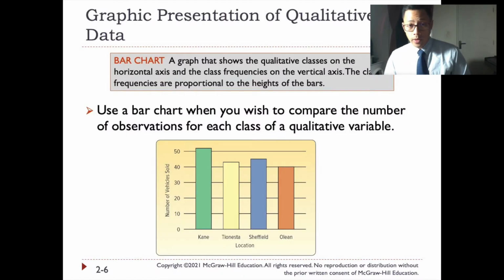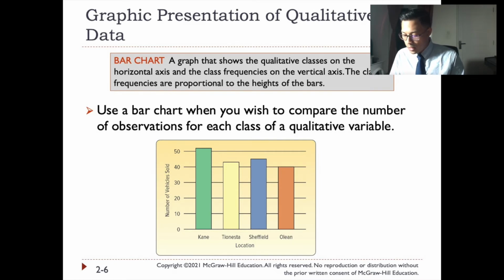Now, another way of presenting qualitative data is through a bar chart. A bar chart is a graph that shows qualitative classes on the horizontal axis and the class frequencies on the vertical axis. So here are the qualitative classes, the locations from Kane to Tionesta, and then you have the class frequencies on the vertical axis.